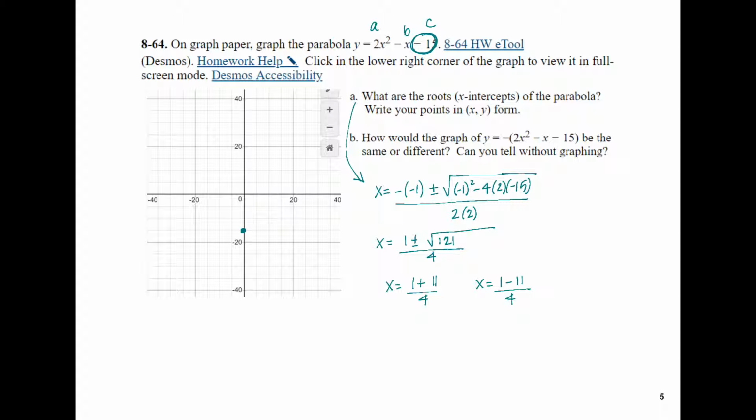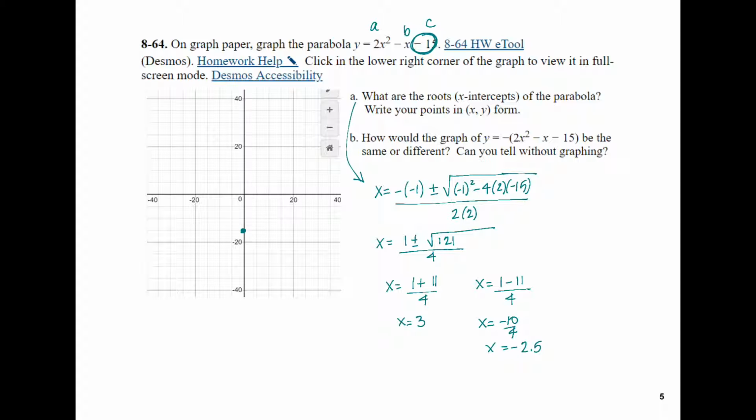When you combine your like terms, 12 divided by 4 tells us x is equal to 3. And negative 10 divided by 4 is x is equal to negative 2.5.